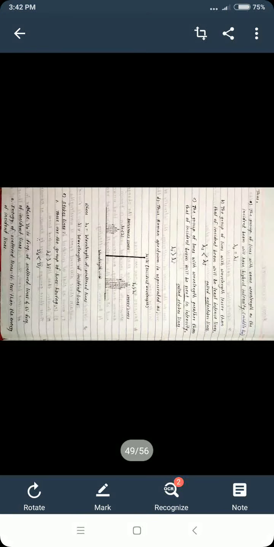Then, if we consider Stokes lines, what is the wavelength situation? The wavelength of scattered light is greater than the wavelength of incident light.